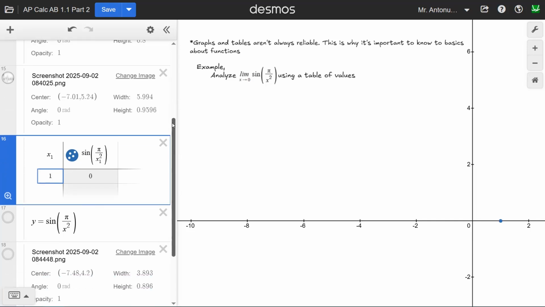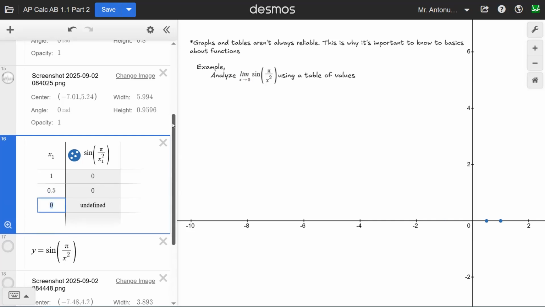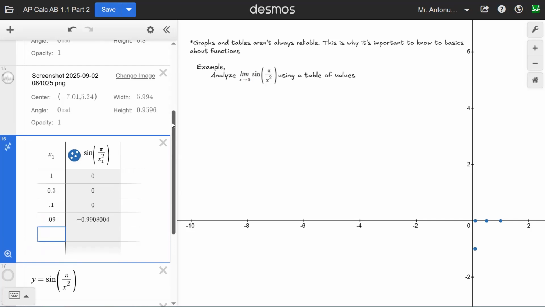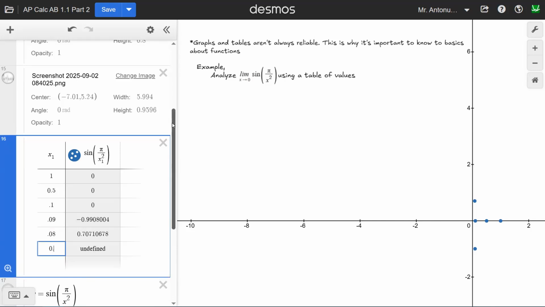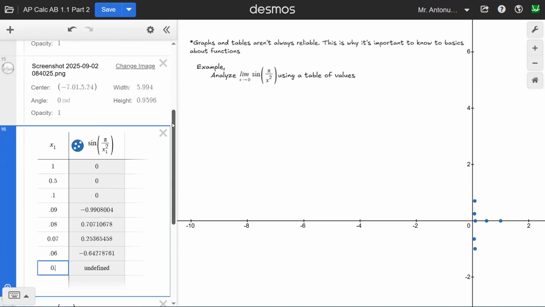We plug in 1, you do get 0, 0.5, 0.1, 0.09, 0.08. Notice what's happening as we get closer and closer to 0.